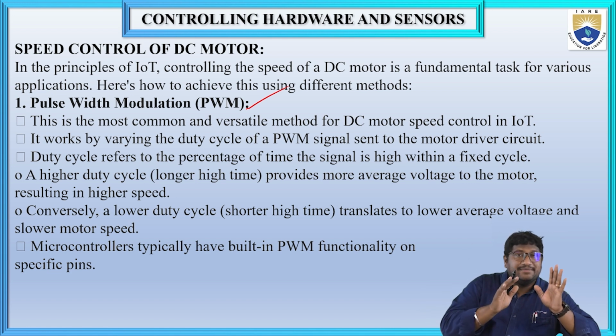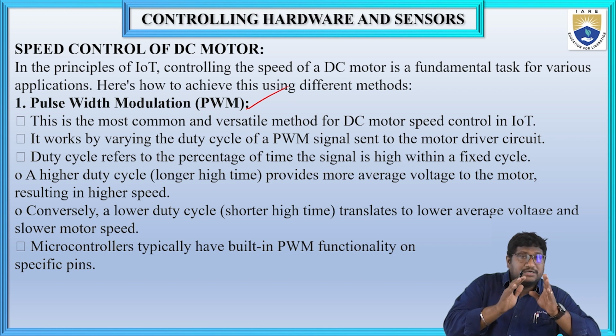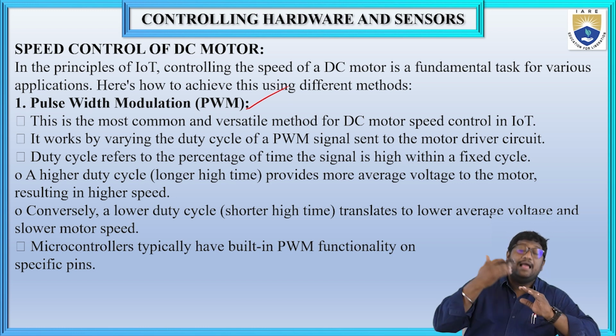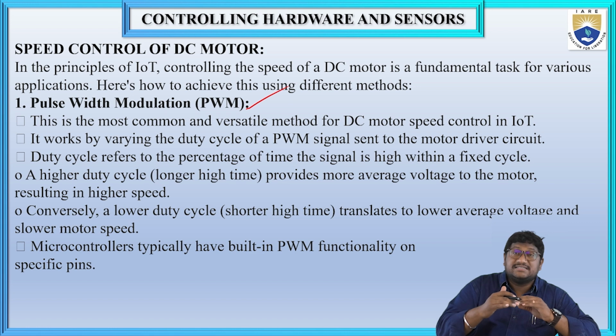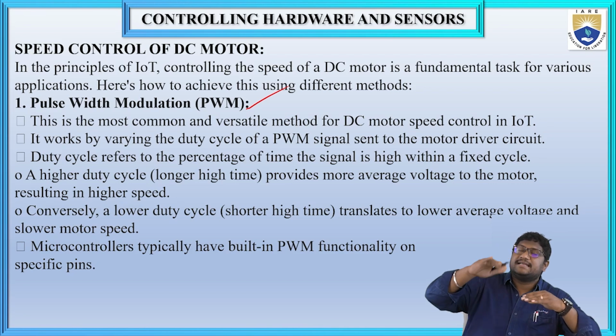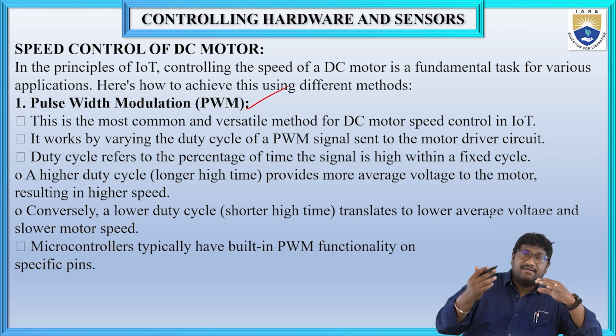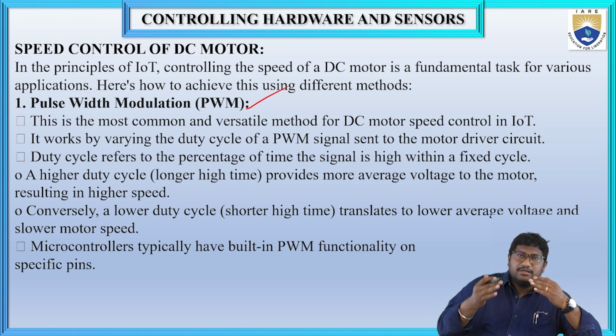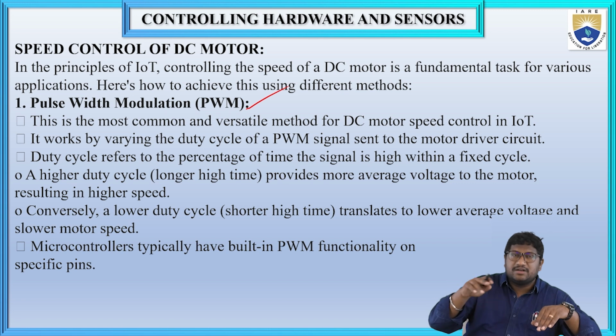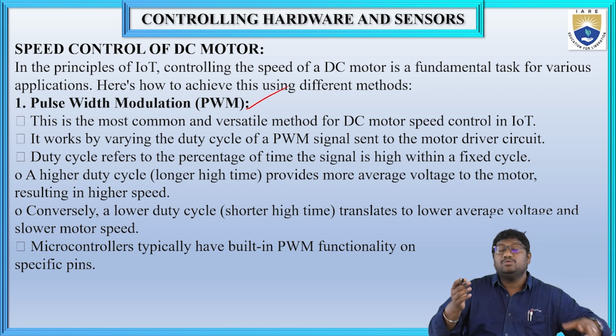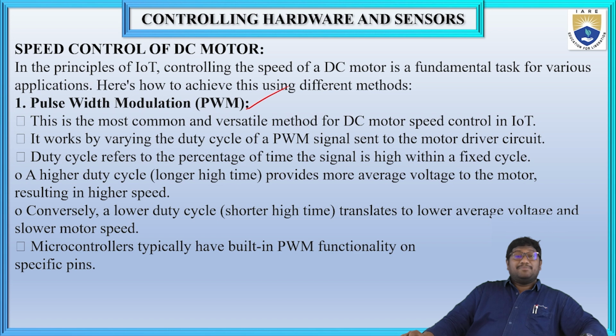A longer high time provides a higher average voltage to the motor, resulting in high speed, whereas a lower duty cycle translates to lower average voltage and slow motion. If you have high speed, a higher voltage is applied and the fan will rotate in fast mode. Whenever you pass low power, it will rotate at a slower motor speed. This is how things happen. With the help of microcontrollers, the PWM functionality lets you specify these things.